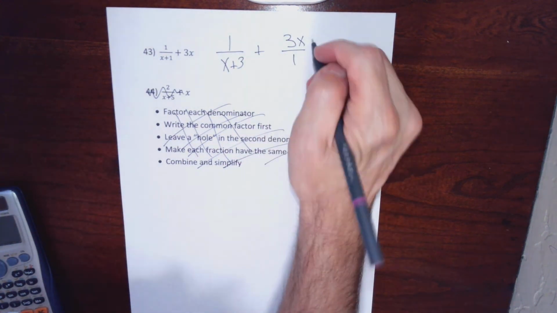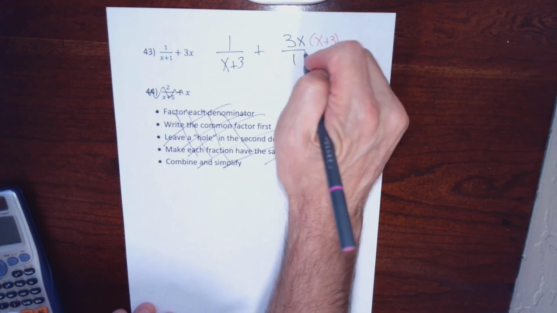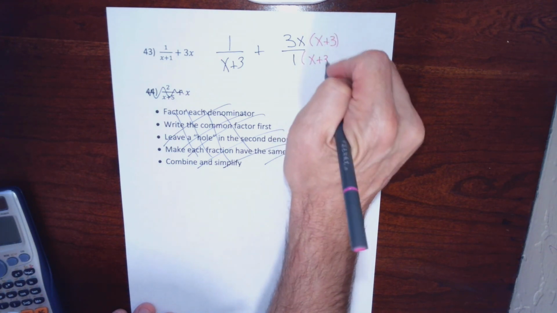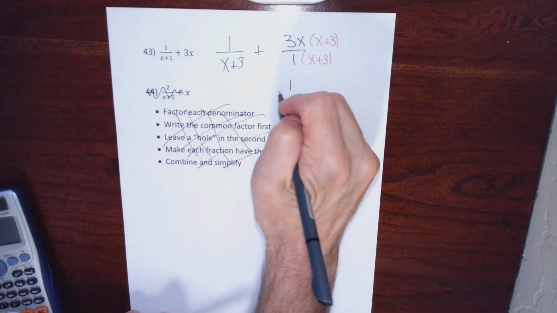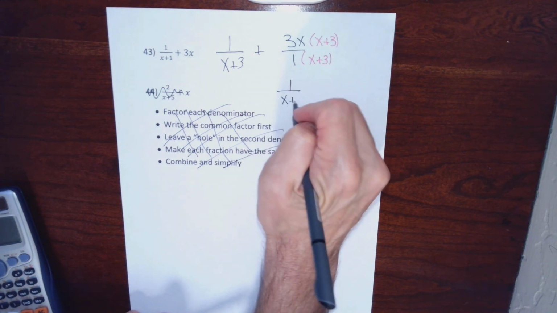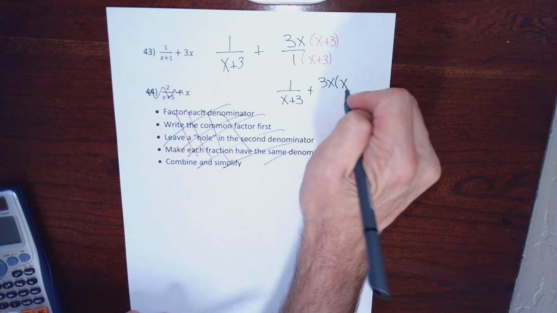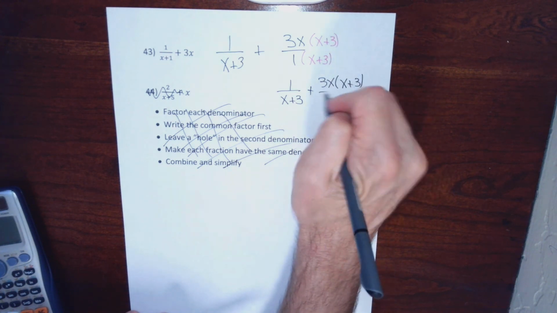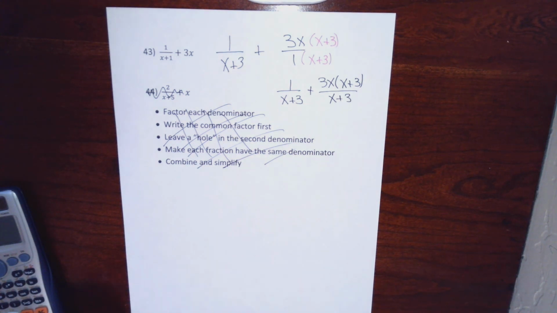When only one of the terms is a fraction, its denominator is the common denominator. So I'm going to multiply that second fraction by x plus 3 over x plus 3. This is going to give me 1 over x plus 3 plus 3x times x plus 3 over x plus 3. Now both my fractions have the same denominator.